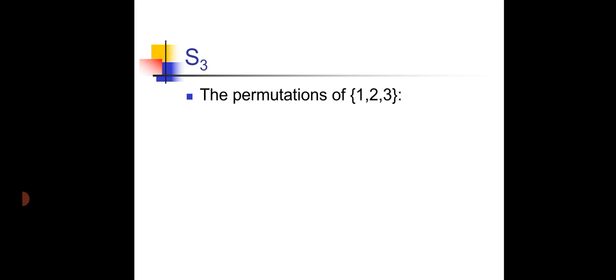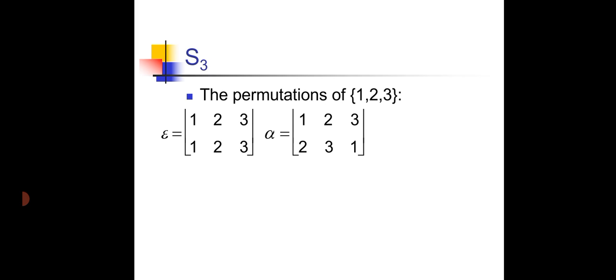That is S3. Now we are going to see what those 6 permutations of 3 elements are. First, 1, 2, 3 mapped to the same elements, 1 to 1, 2 to 2, 3 to 3, is called the identity permutation. Next, alpha: 1, 2, 3 is mapped to 2, 3, 1. Alpha square: 1, 2, 3 goes to 3, 1, 2.